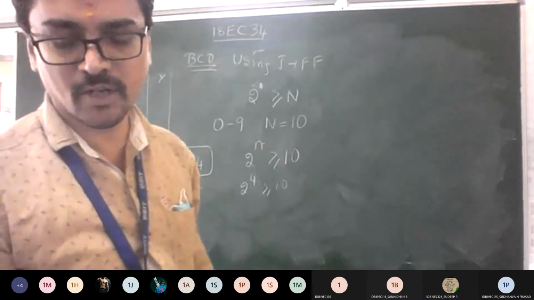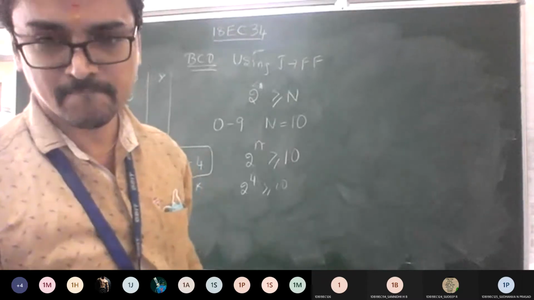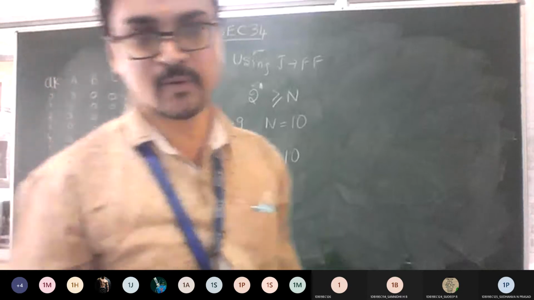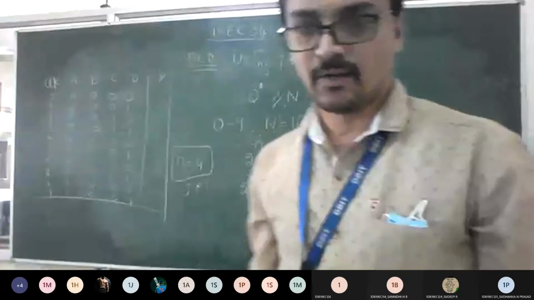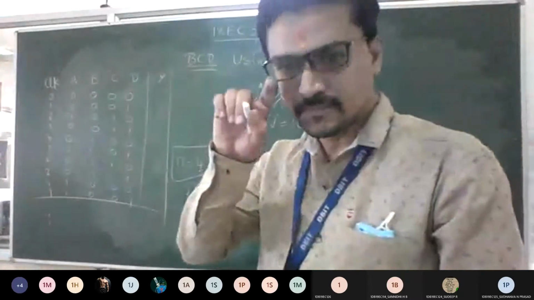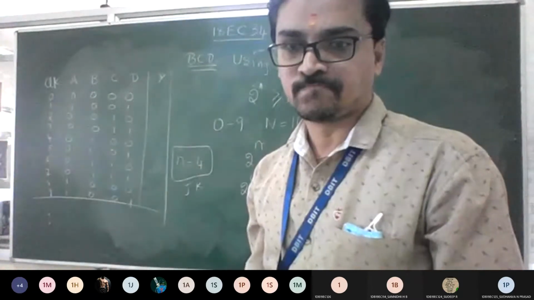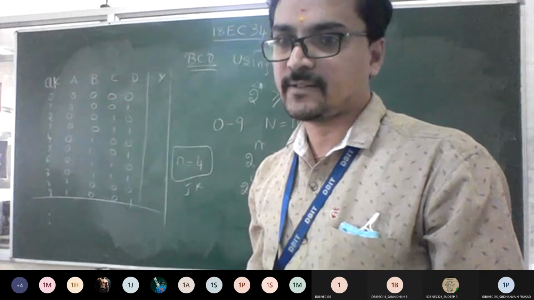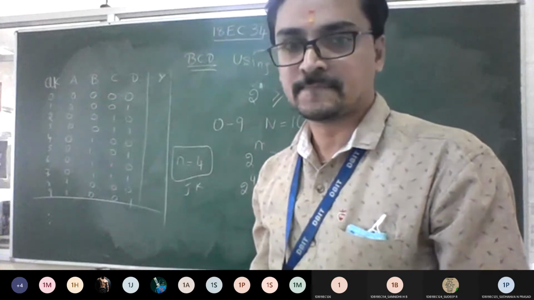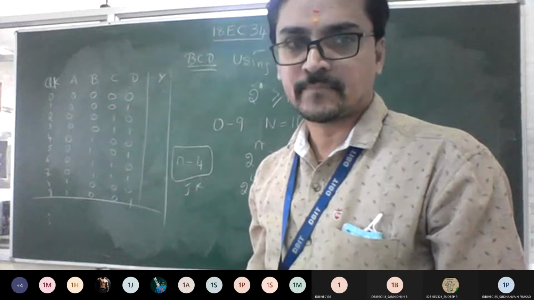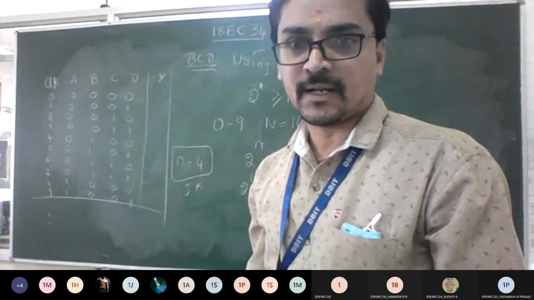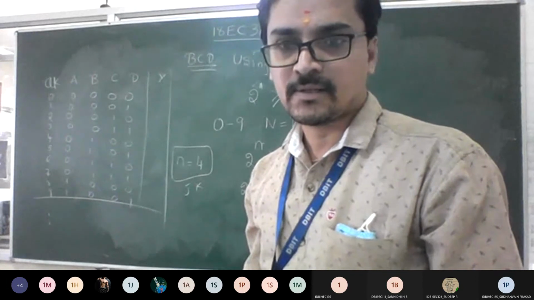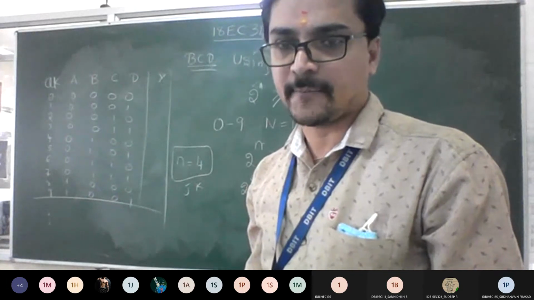You need to put 1 or 0. I'm asking you people only. What are the output states? Am I audible or not? What is the output I should write here?